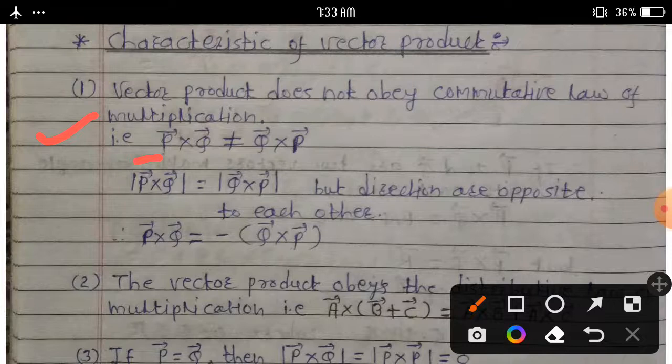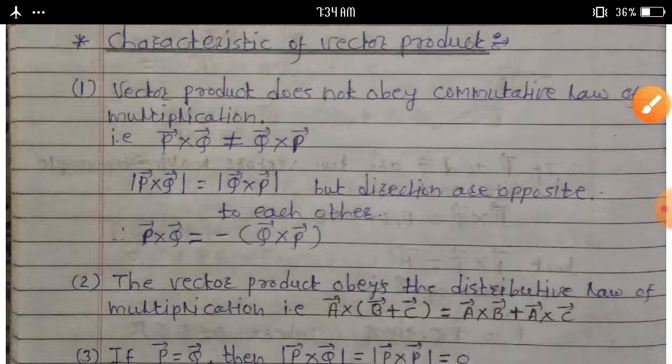We take the directions as opposite, that is, the mod of p bar cross q bar is equal to the mod of q bar cross p bar, but the directions are opposite to each other, so we can write p bar cross q bar is equal to minus q bar cross p bar. Hence vector product does not obey the commutative law of multiplication. This is the first characteristic of the vector product of two vectors.